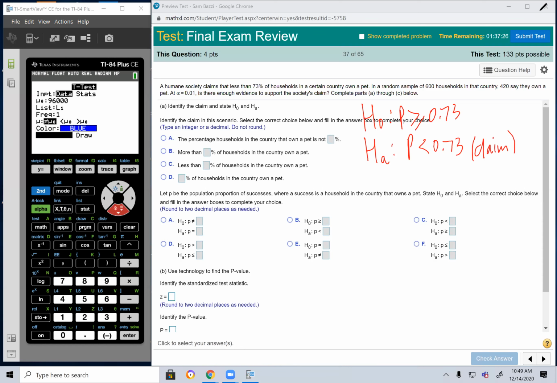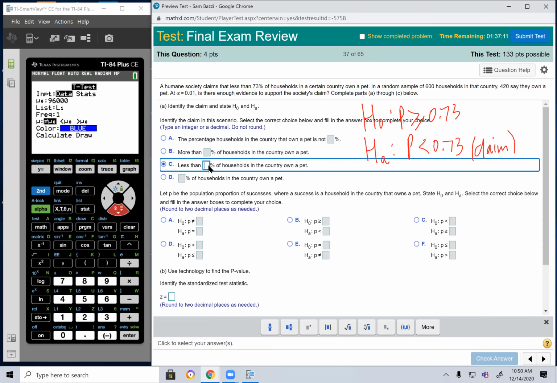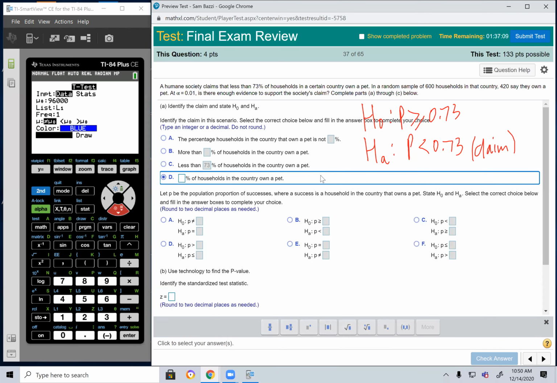Okay. Let's see. Identify the claim. Okay, the less than 73% right here. Put the 73%. And now state the null and the alternative hypothesis. Just copy what we put in there.